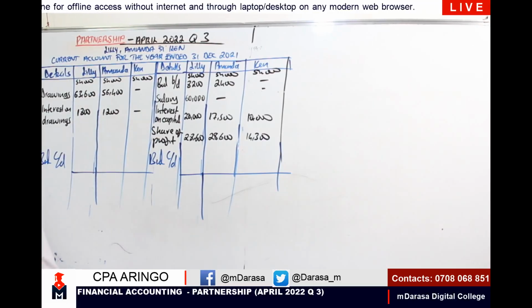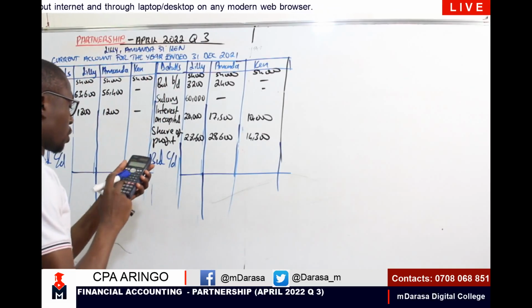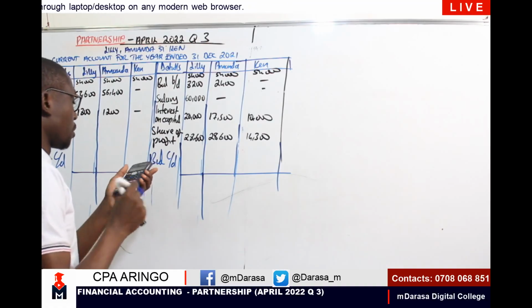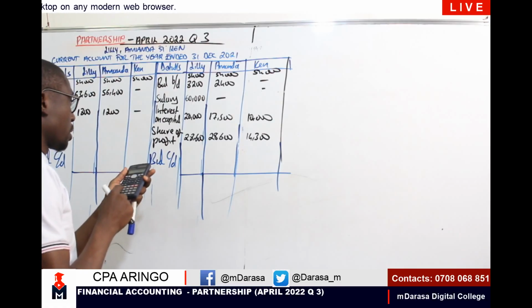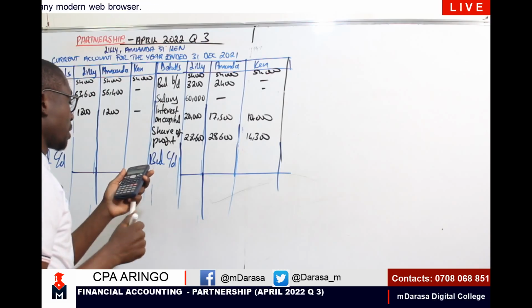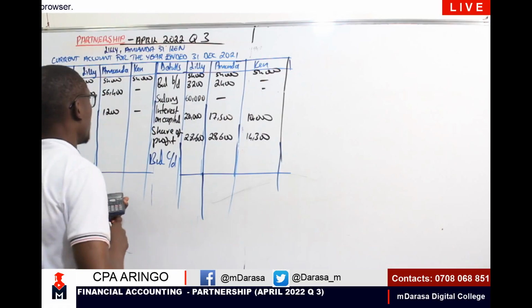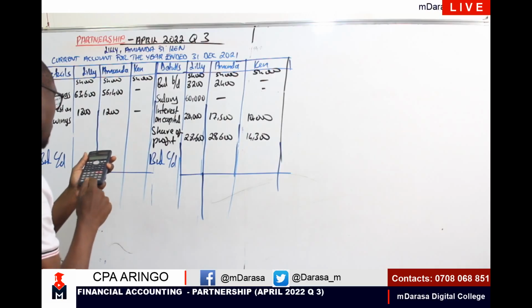I need to add all these items, so I pick my calculator. 8,200 plus 60,000 plus 20,000 plus 28,600 gives 116,800. And what about this other side? Minus 63,600 minus 1,800.